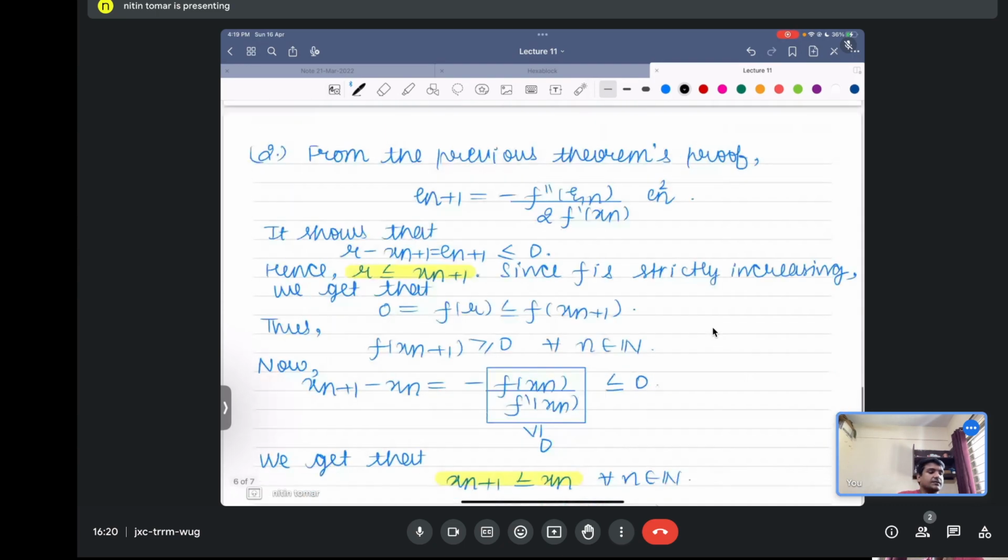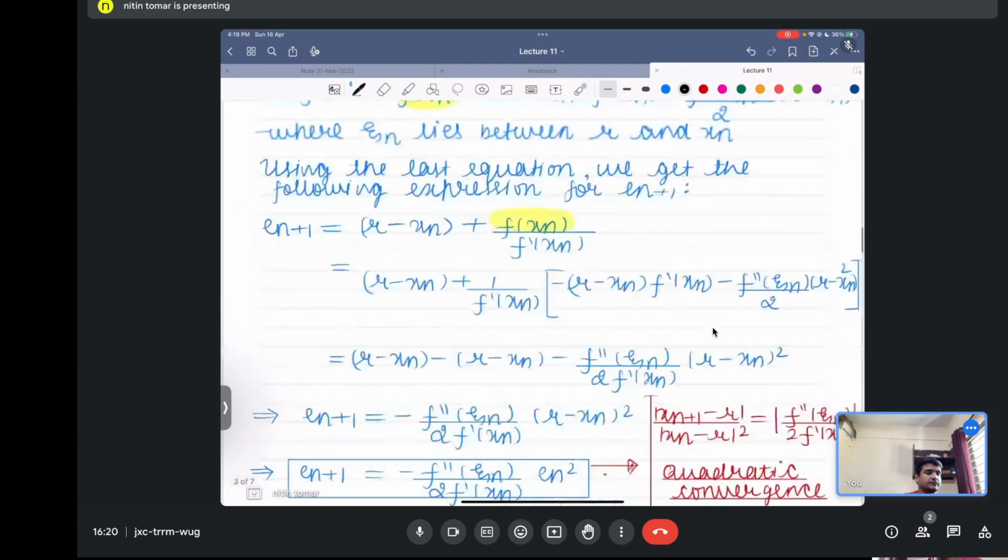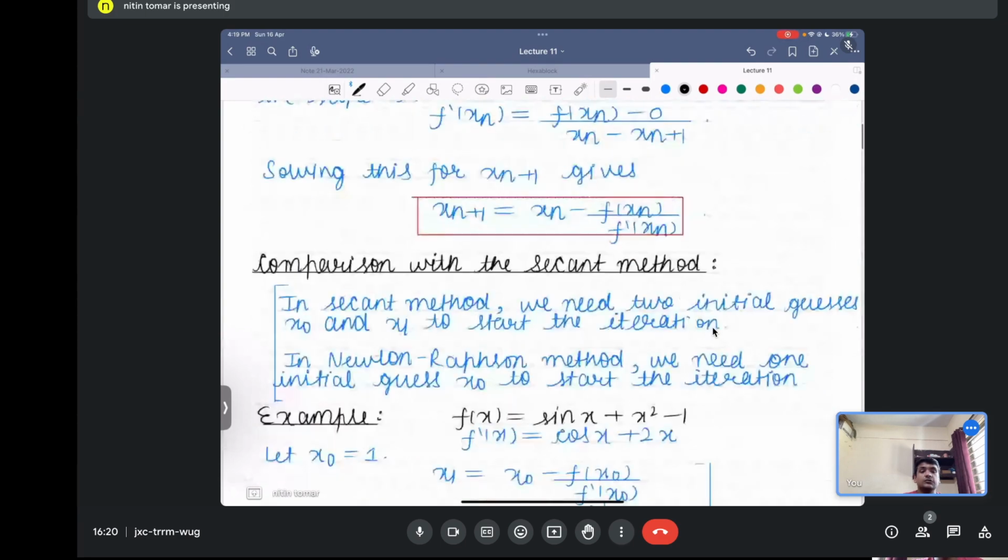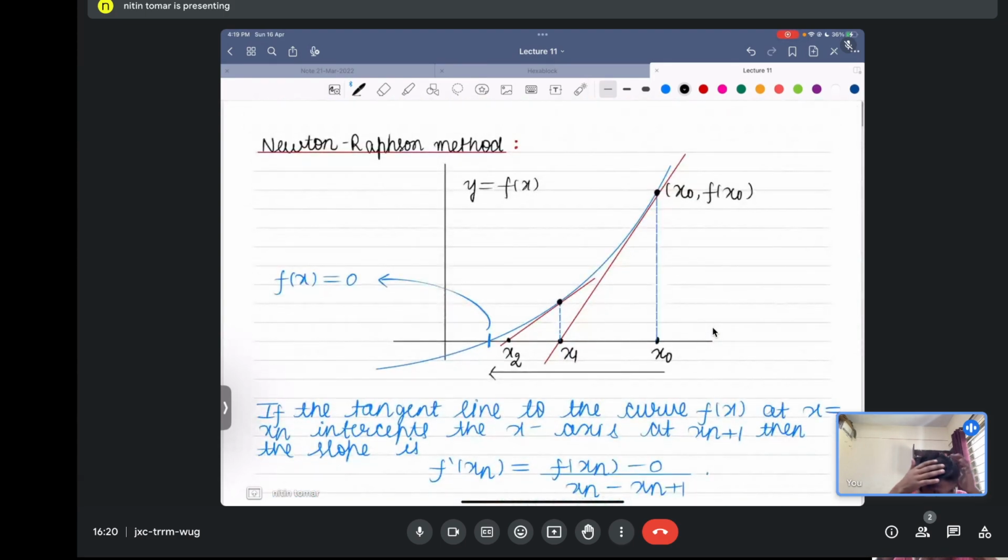So far, to solve for the root of a nonlinear equation, we have seen the bisection method, the secant method, and the Newton-Raphson method.